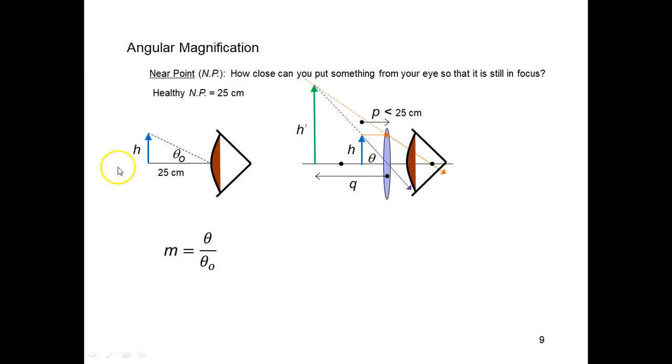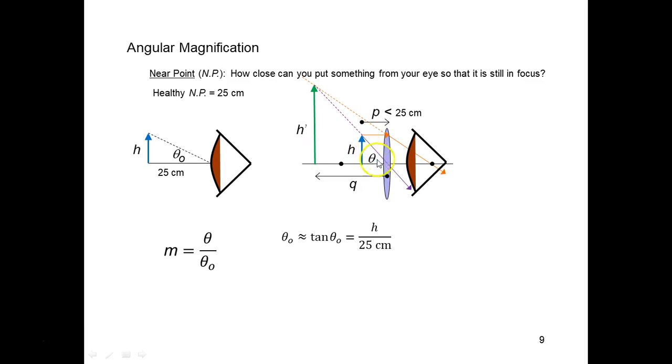So what I'm going to do, guys, I'm first going to look at this right triangle on the left, and I can say that the tangent of theta naught is h over 25 centimeters, but this angle is going to be relatively small, so I'm going to use the small angle approximation. The tangent of theta naught is going to be close to theta naught if we use radians. I'm also going to look at this triangle over here, the h p purple hypotenuse triangle.